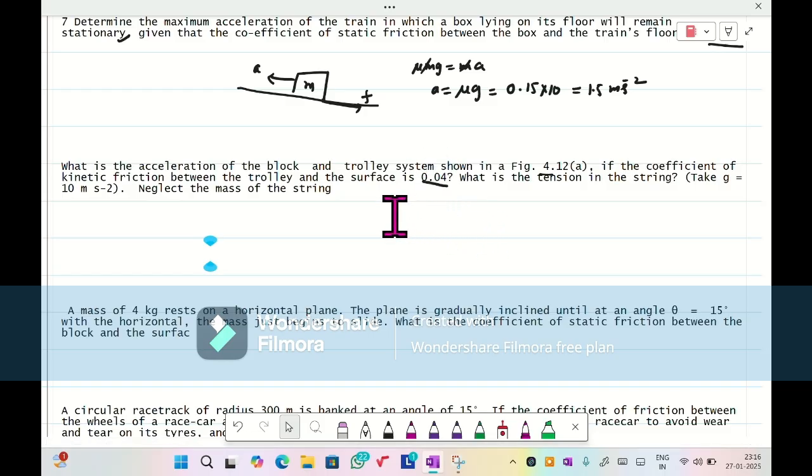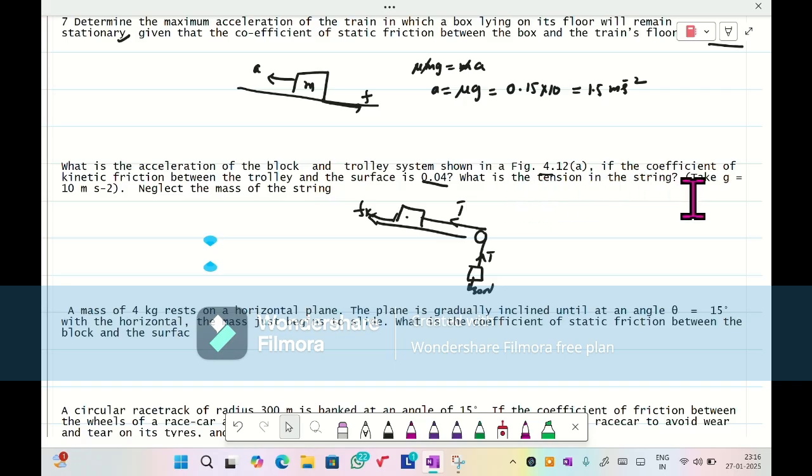Here one trolley is there, dragged with the help of some 3 kg, so 30 newtons of force acts downwards. This is the tension, this is also tension, and this is the trolley. Here the force of friction Fk is there, and mu k is given.